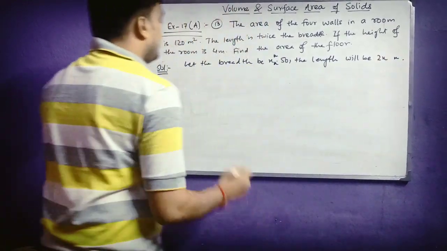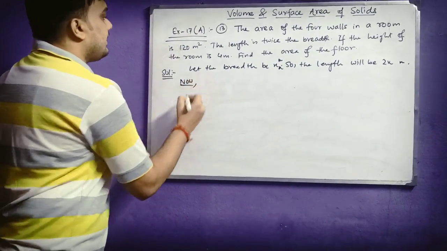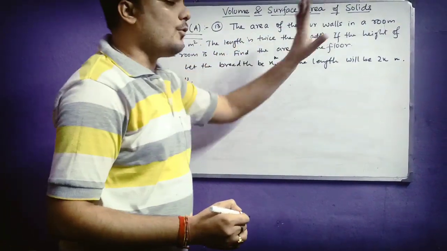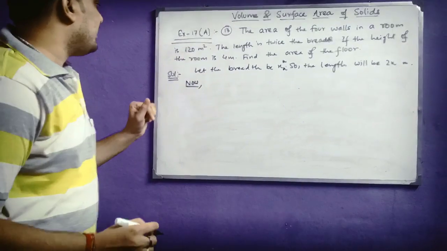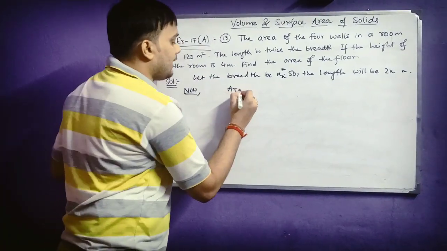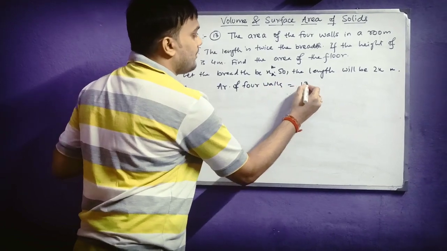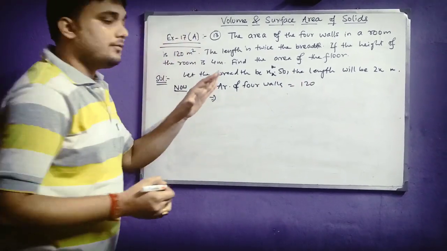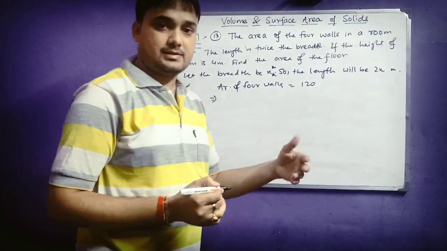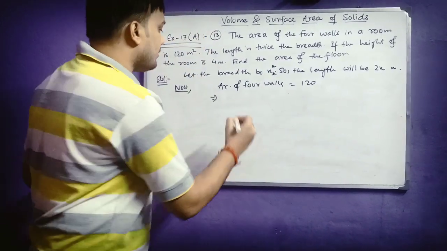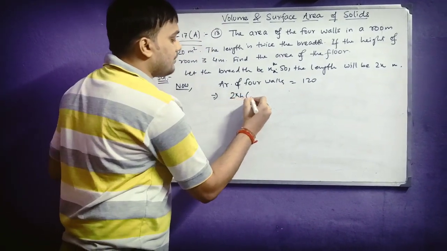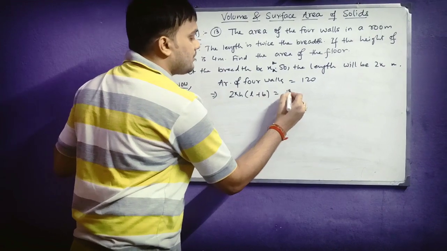Okay. Now you can see it is given that the area of the 4 walls of the room is 120 meters square. That means area of 4 walls is equal to 120. Because we know that the lateral surface area, that is area of the 4 walls, is equal to 2 into height into length plus breadth, which will be equal to 120.